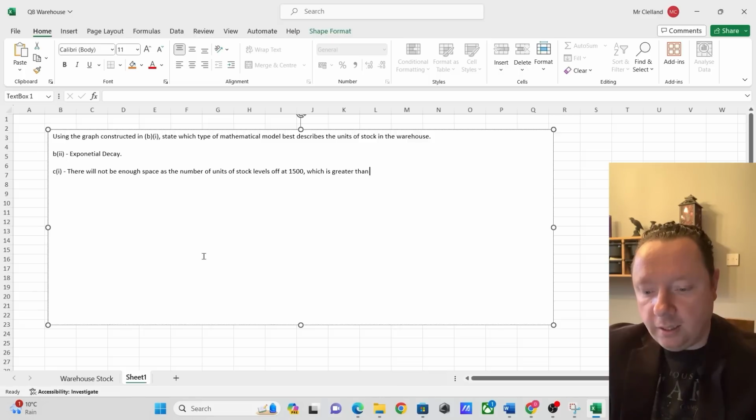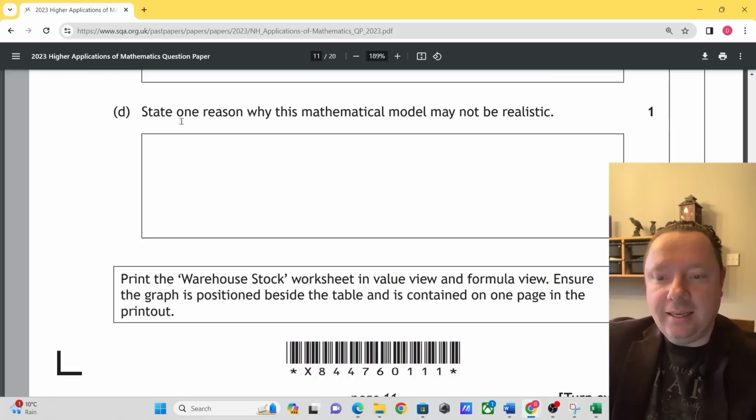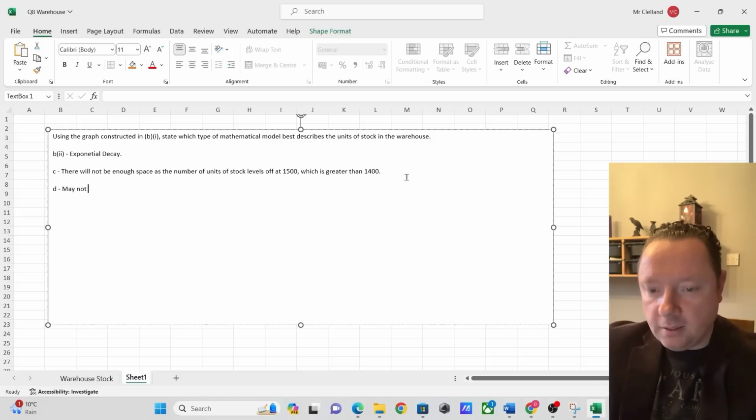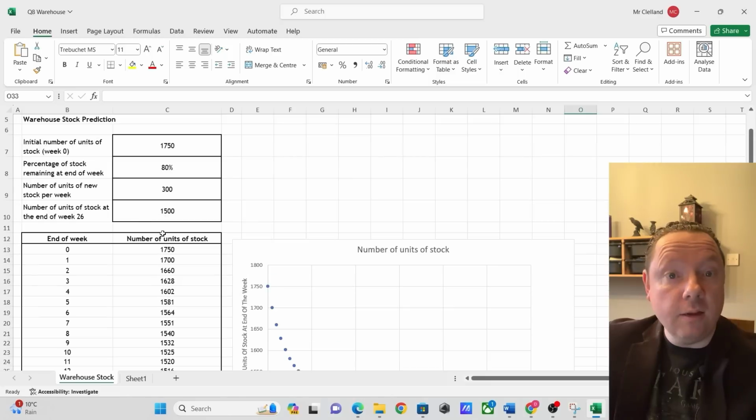than 1,400. Please state one reason why this mathematical model may not be realistic. Because, well, what's happening? It's assuming that every single week we're going to get 300 extra units of stock. It's assuming that every single week we're going to get rid of 20% of stock. That might not be the case. It might vary.